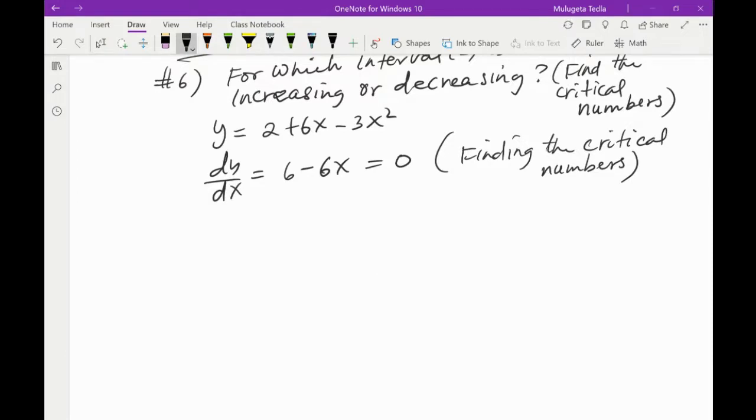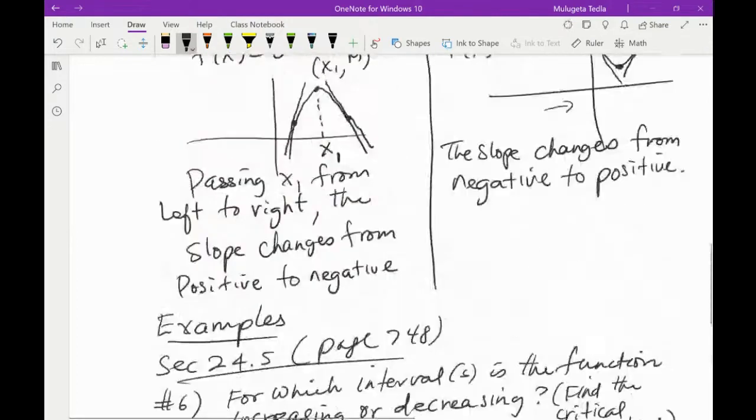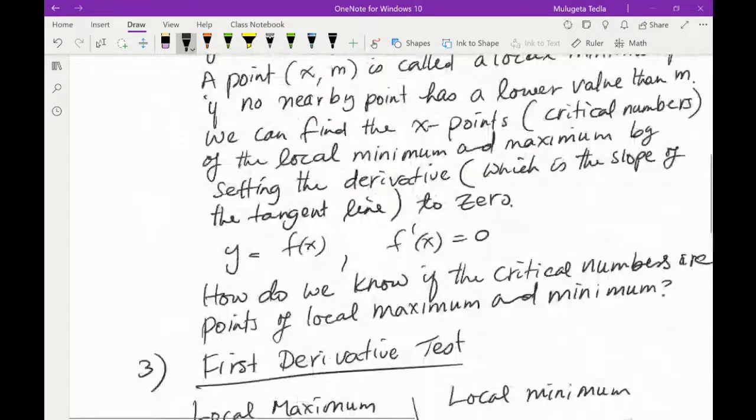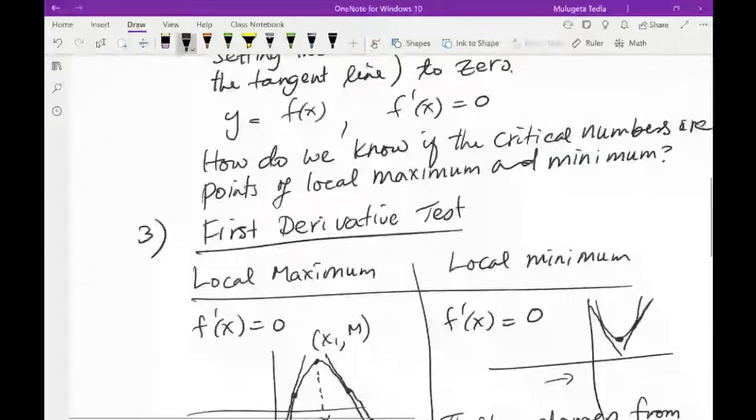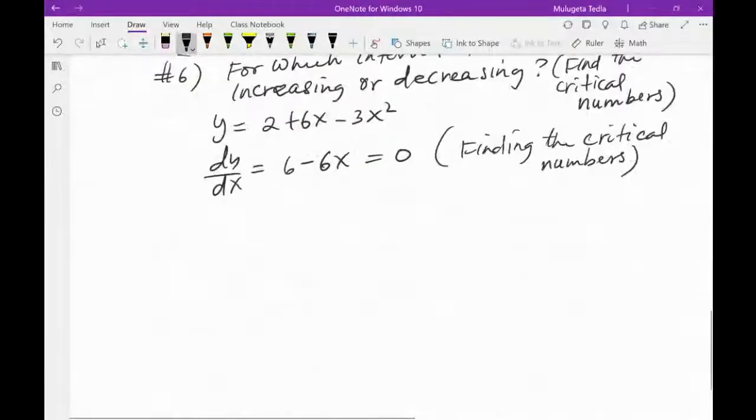That means a point on the curve like the local maximum, local minimum, those bending points or saddle points. If you solve this, 6 equal to 6x, then x equal to 1. There is only one critical number.